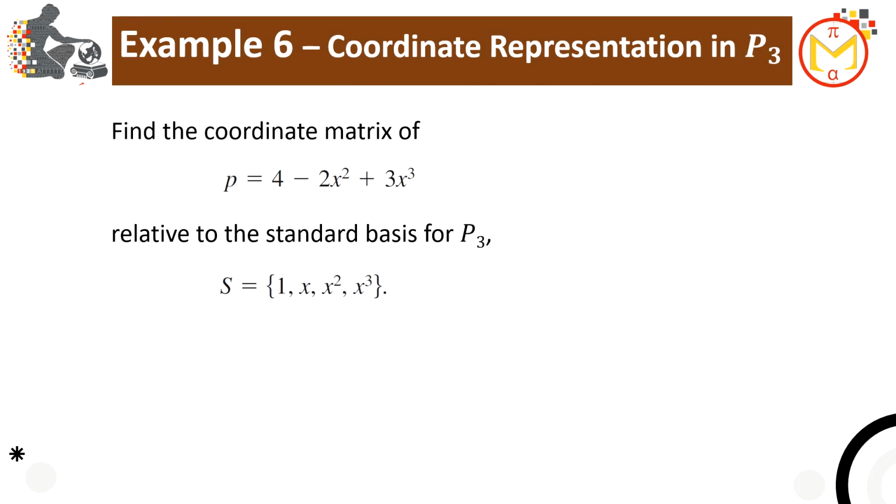Let's have an example. Find the coordinate matrix of P equals 4 minus 2x squared plus 3x cubed. So this time we have the coordinate representation in P3. So polynomial, relative to the standard basis for P3, S equals 1, x, x squared, x cubed. Remember, this is a standard basis.